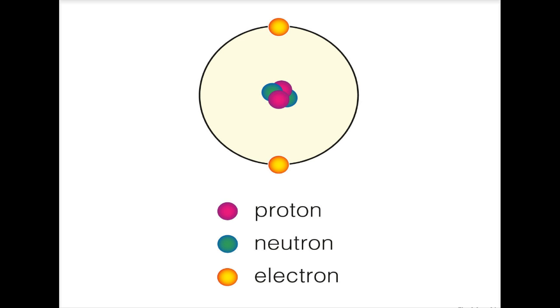And then the electrons move in somewhat of a pathway, but it's not as clear as planets orbiting the sun. The electrons are negatively charged and they move outside of the nucleus. And it is actually the electrons that enable atoms to form bonds, which we'll discuss in a few minutes.